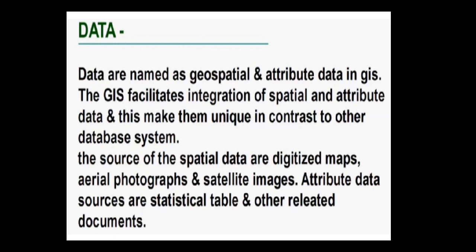And attribute data is one wherein inside the building, what is present, like how many doors are there, where is the corridor, how many rooms are present. So these are all the non-spatial data, that is called attribute data. Both these data are necessary in terms of GIS.